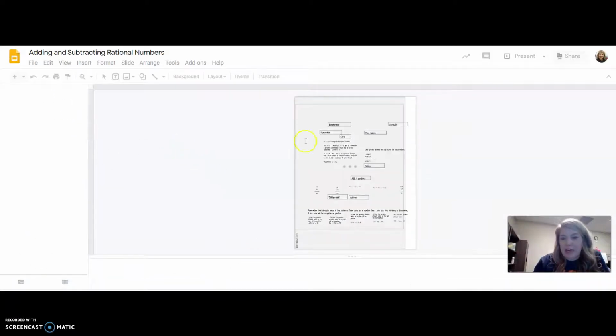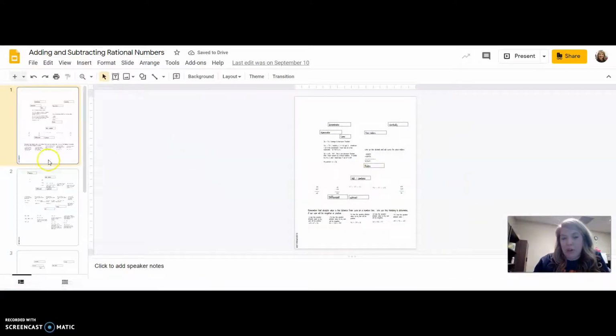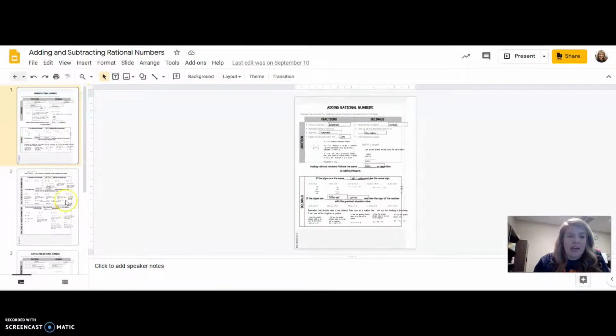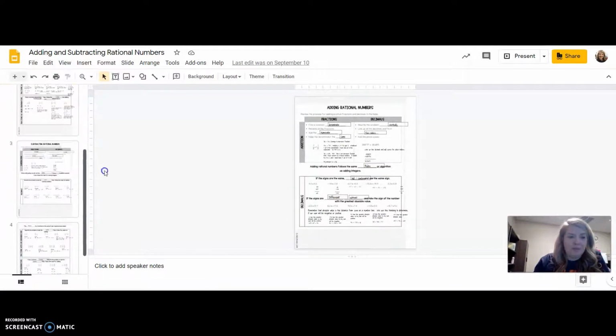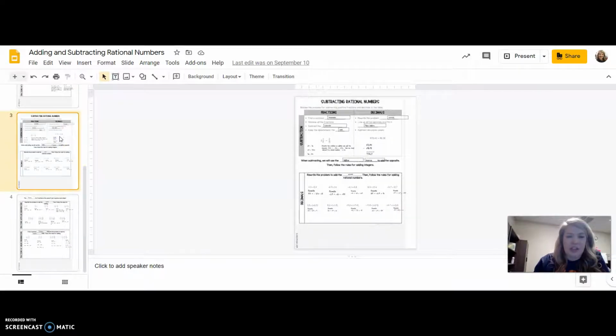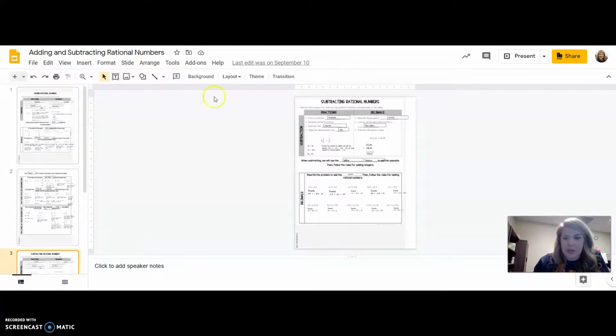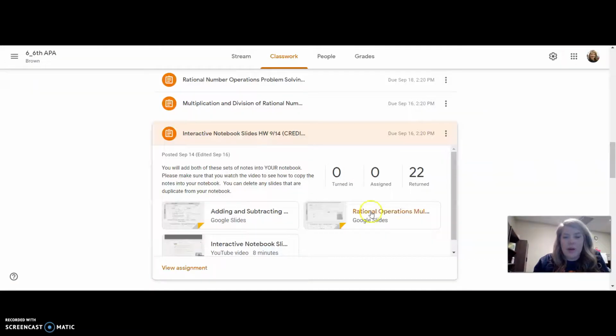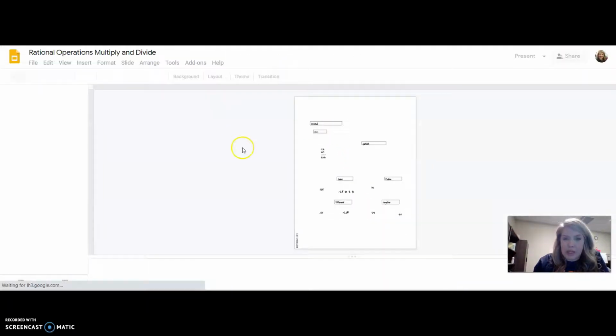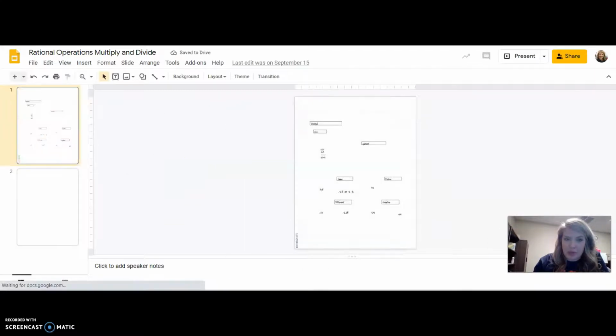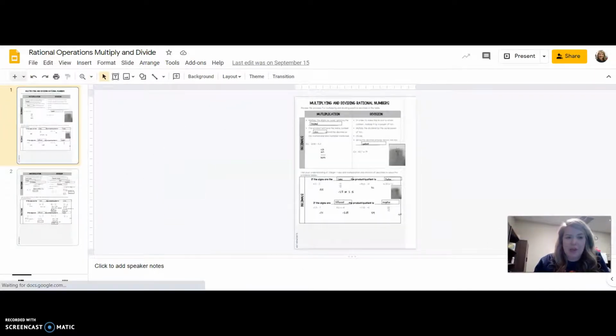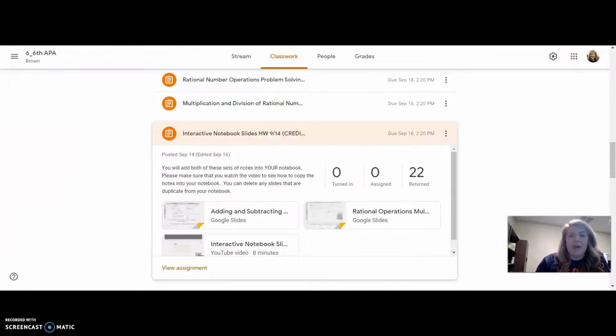Here's where Mrs. Brown gave me the copy to move over into my notebook, and here is the information about subtracting rational numbers. Okay, and then there's also one about multiplication and division of rational numbers. So if we'd gone back to this assignment, you would have had the information.